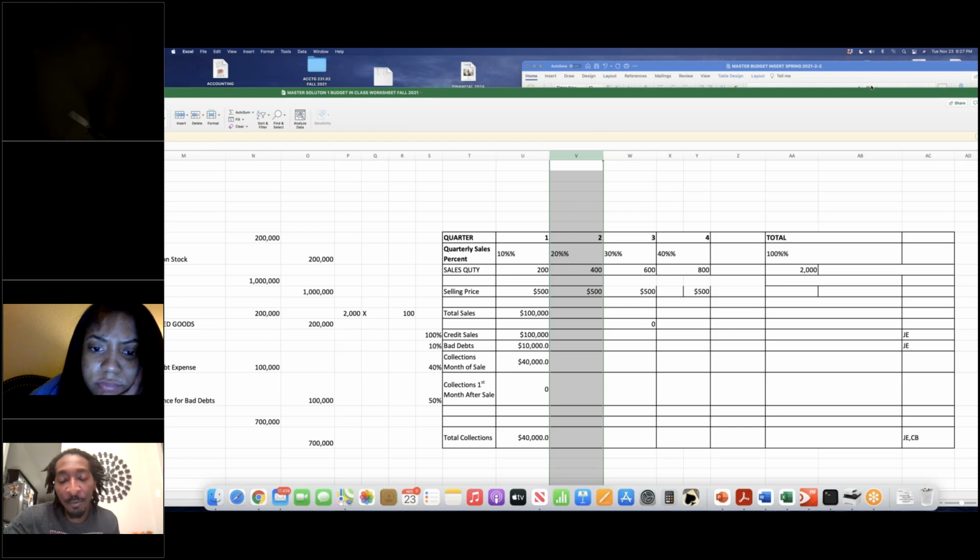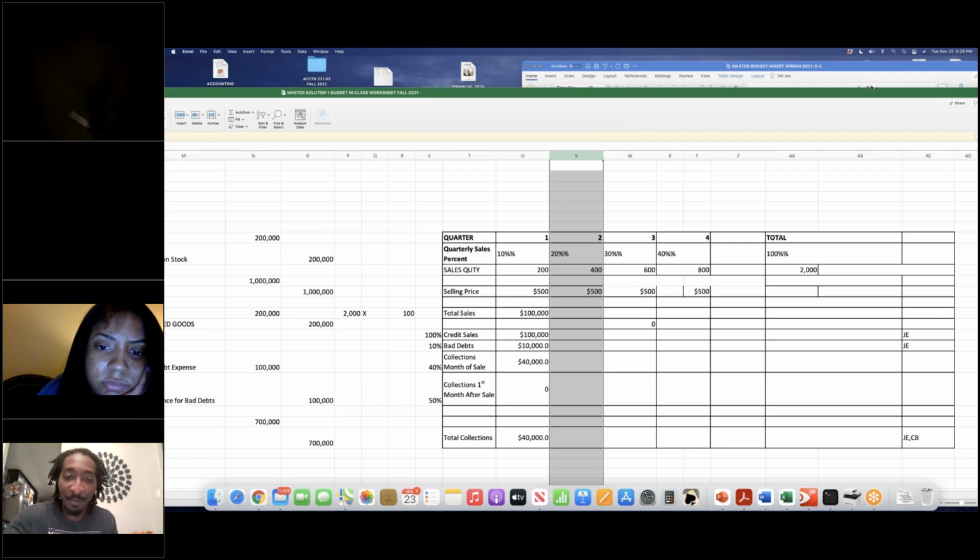This is how I think. Moving to the next one, we only collected 40,000, but we had 100,000 in credit sales for quarter one, so we still need to collect 50,000. I think the word month is throwing me off because I thought we were doing this in quarters.